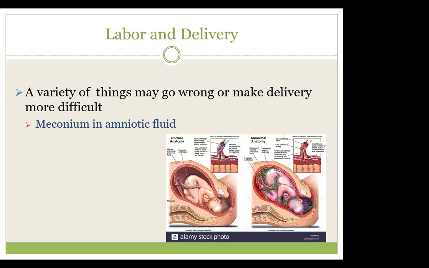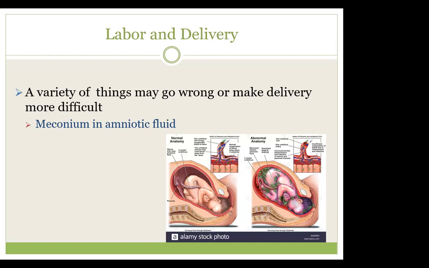Okay, when that baby comes out and the cord is clamped, we want them to gasp and take a big deep breath to fill their lungs. If they are covered in meconium and there's meconium in their mouth, which they've been practice breathing in this amniotic fluid, correct? So if there's meconium in the amniotic fluid, chances are it's in their mouth and maybe even a little bit in their airway.